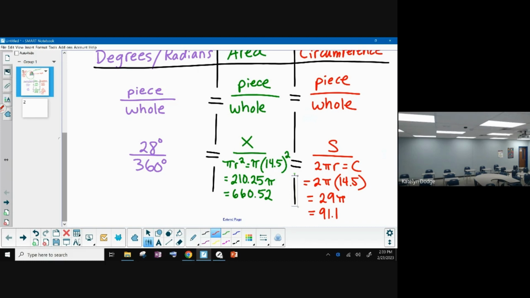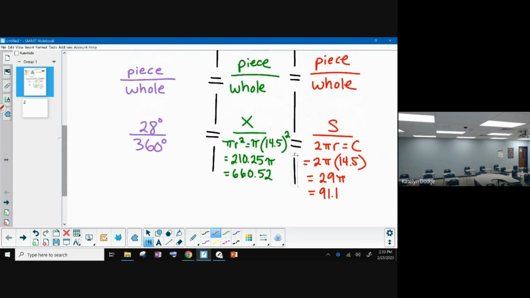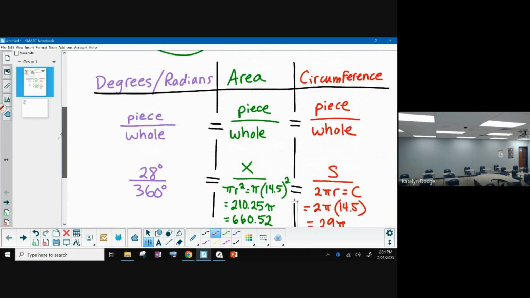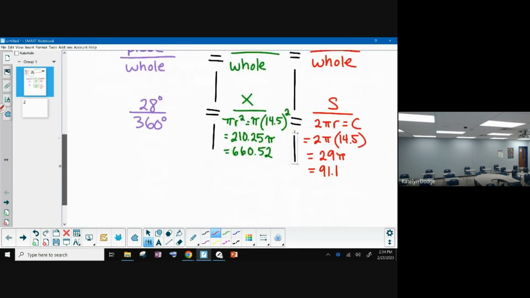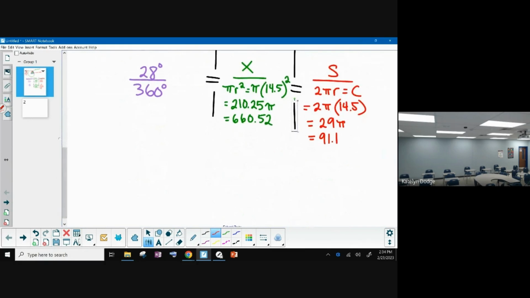So let's go through and let's just find one of these at a time. Because all three of these ratios are equal to each other, piece over whole, for degrees, area, and circumference, we can set those ratios equal to each other. So let's always use the ratio where we have both pieces of information. I need to use my first ratio, 28 over 360.